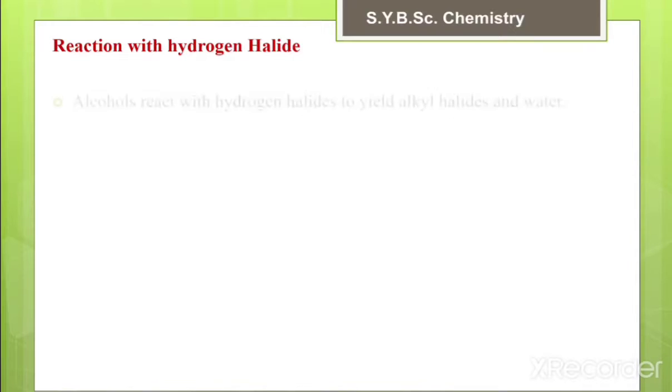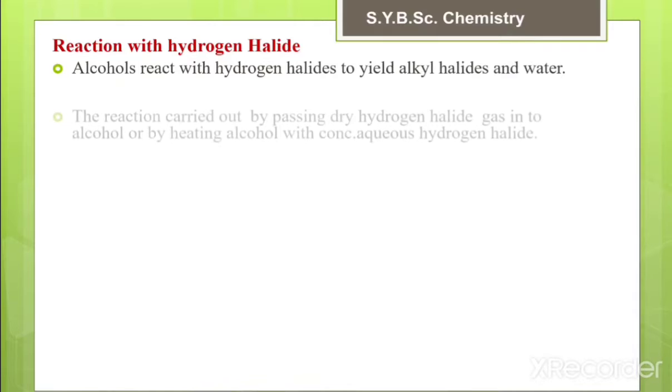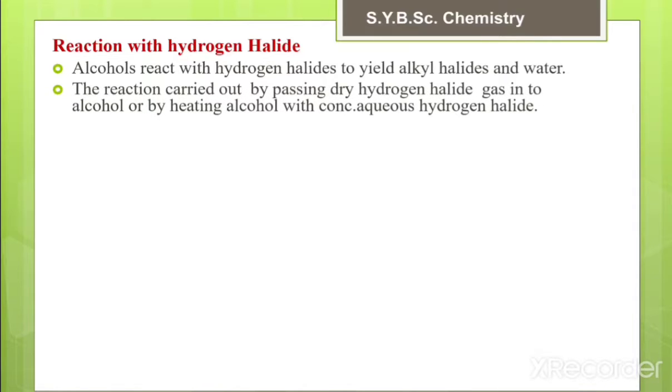Alcohols easily react with hydrogen halide to yield alkyl halide and water. The reaction is carried out by passing dry hydrogen halide gas into the alcohol or by heating the alcohol with aqueous hydrogen halide.